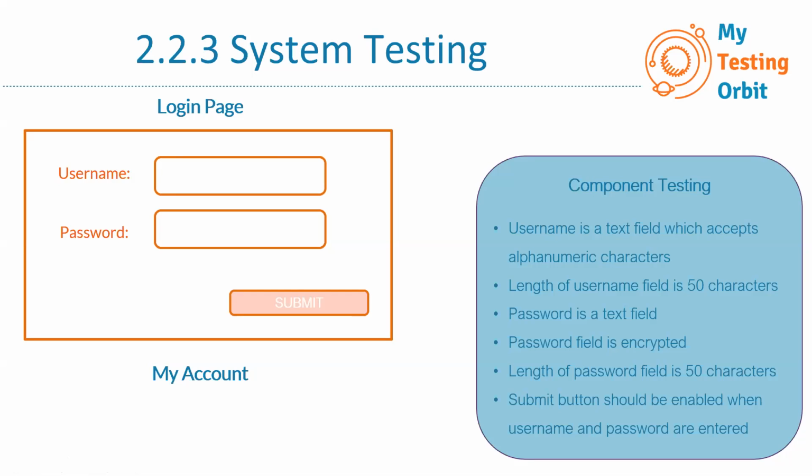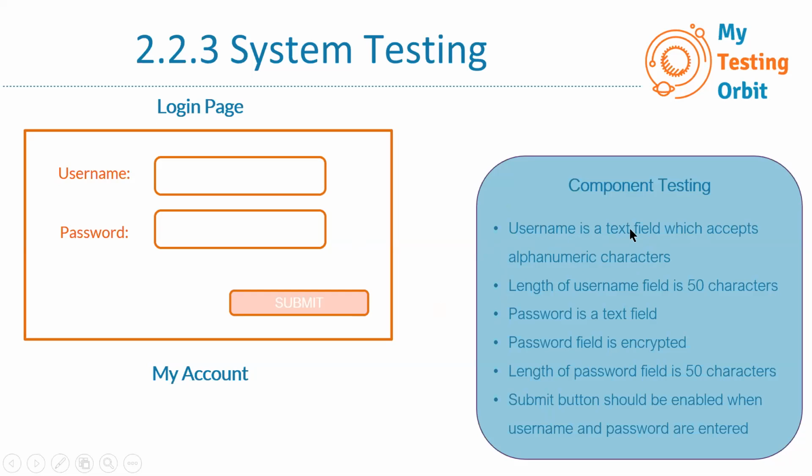This is the level where a developer is building this page based on the requirements and also per their discussion with the business analyst or maybe the project manager. And based on that, these are the things which a developer is taking care of during component testing.